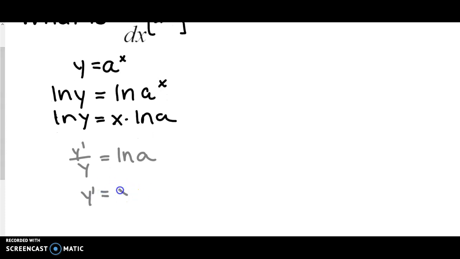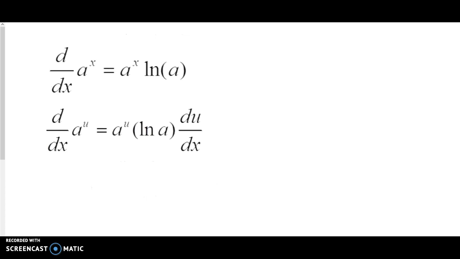I can multiply y to both sides, but we can replace y with what y is equal to, which is a to the x. And ta-da! We now know that the derivative of a to the x is a to the x times the natural log of a. Not too bad.